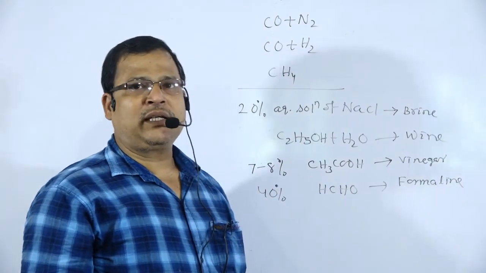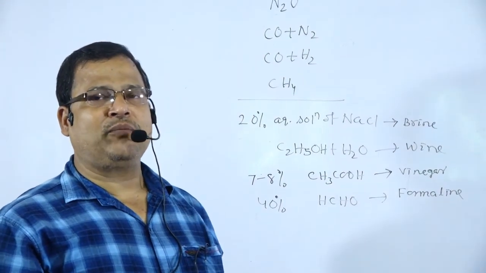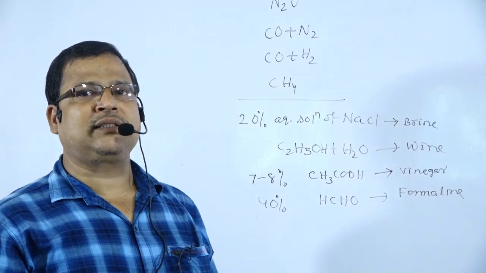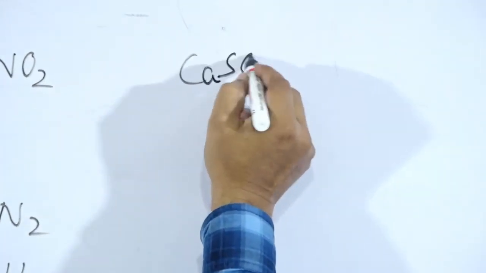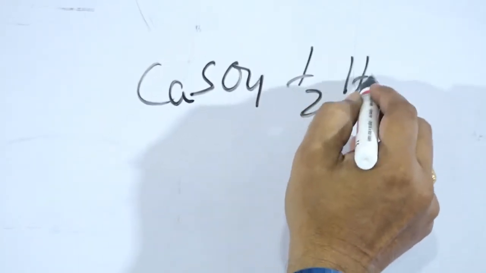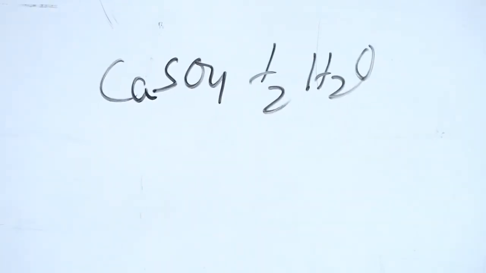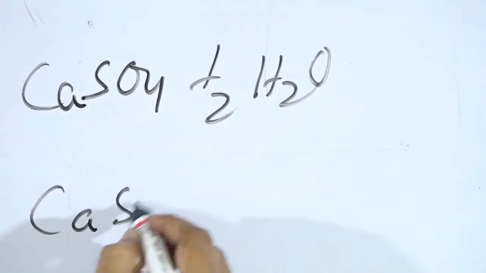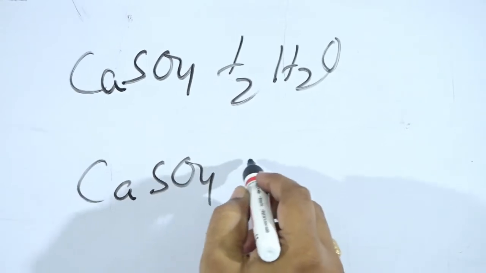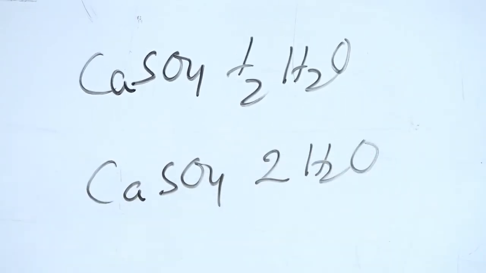Also, we have explained some other names of these compounds. For example, plaster of Paris, CaSO4 half water, that is the formula for plaster of Paris. Then CaSO4 2 water, that is gypsum.